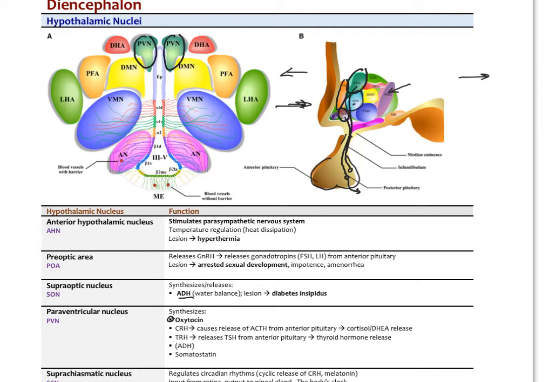And again, there'll be different triggers for their release into the bloodstream. Some of the major roles of oxytocin, as we'll see, will be to stimulate uterine contractions during labor, but also to initiate what's called the milk letdown reflex to begin breastfeeding. So that's oxytocin. And several others, including a little bit of antidiuretic hormone, come from the PVN as well.